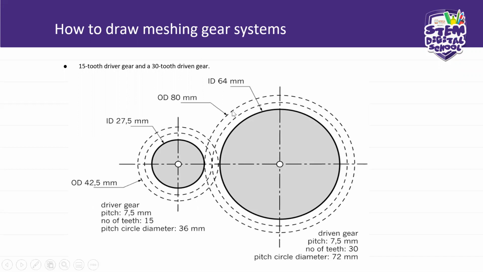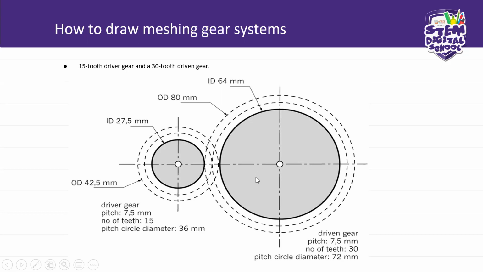This is the inner diameter, the outer diameter. So the gear mesh is from the inner diameter, because you see these lines are intersecting. So it is from the inner diameter of the driver gear touching the outer diameter of the driven gear.